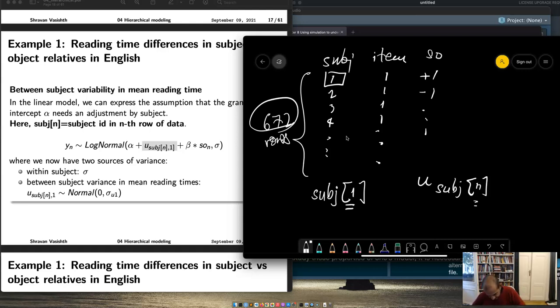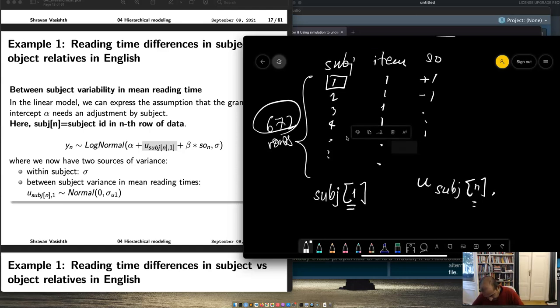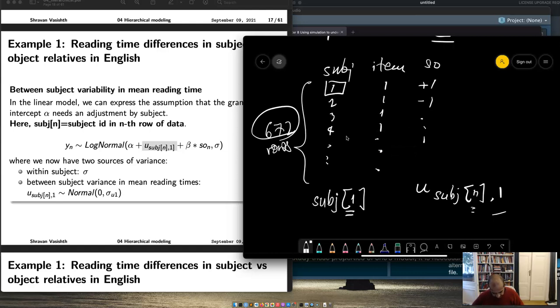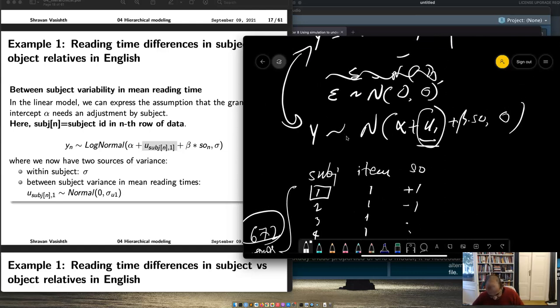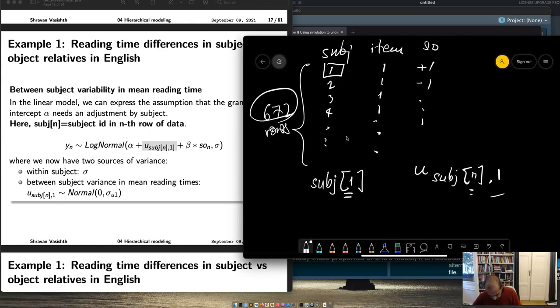So that's the syntax for the variable U sub 1. This 1 refers to U sub 1, this intercept adjustment, and I'm figuring out which subject's adjustment we are talking about. I do that by looking up the nth row of the data frame and figuring out what the subject ID is.